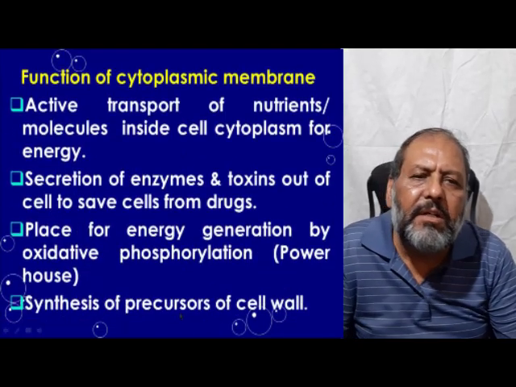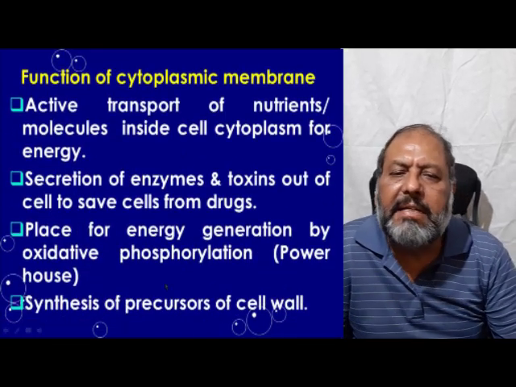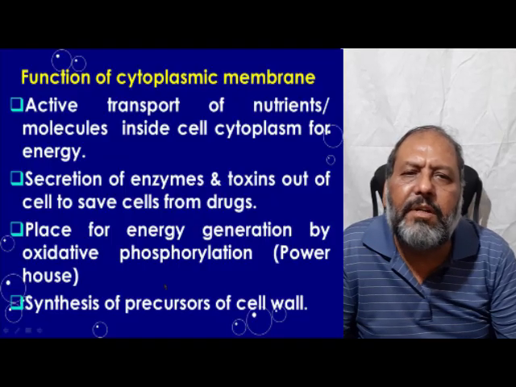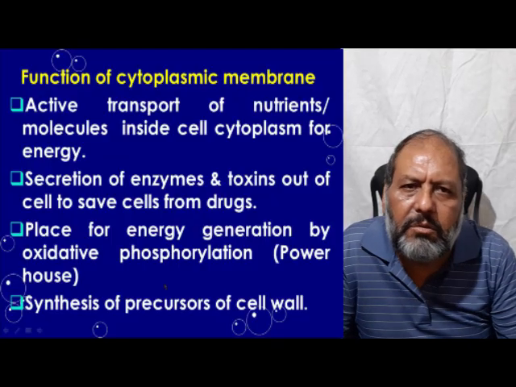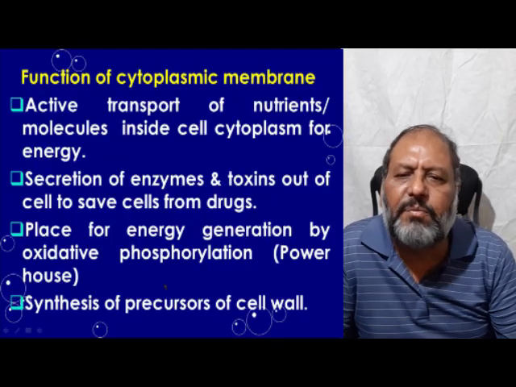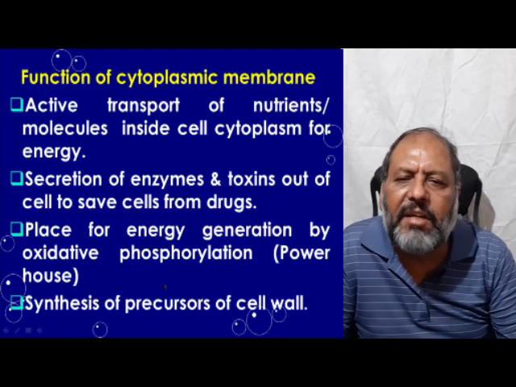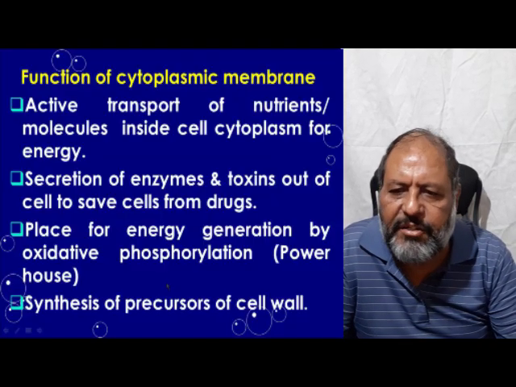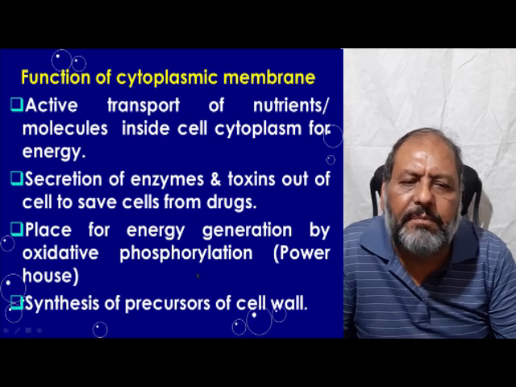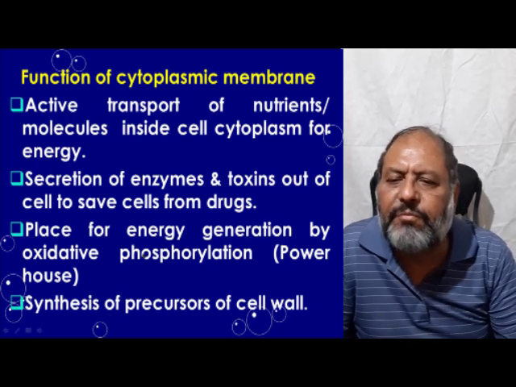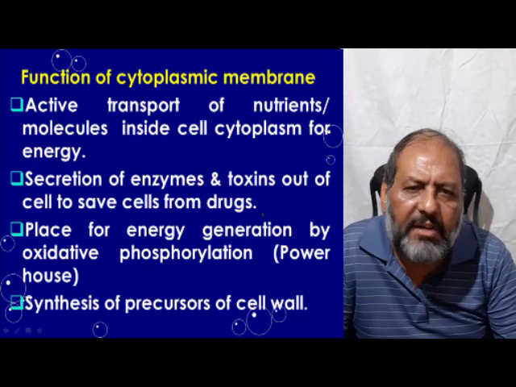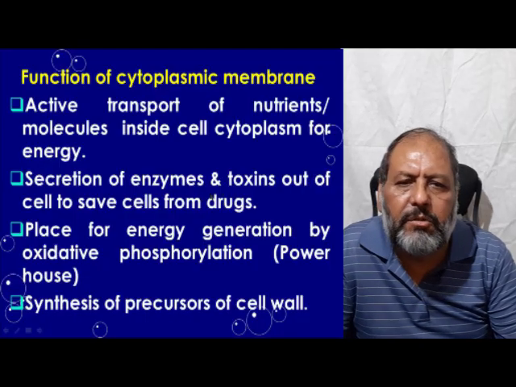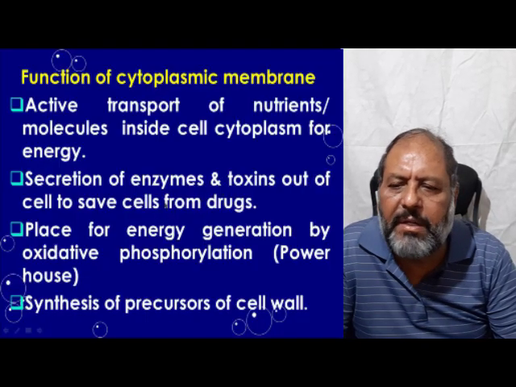Now, what are the functions of the cytoplasmic membrane? It is the active transport of nutrient molecules, which occurs through this membrane. So the things go inside the cell cytoplasm for energy. Secretion of enzymes and toxins out of the cell to save the cells from drugs is also produced by this cytoplasmic membrane.